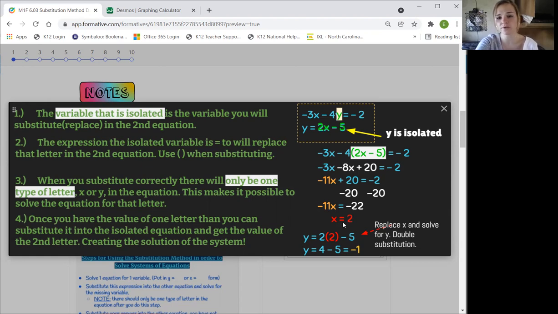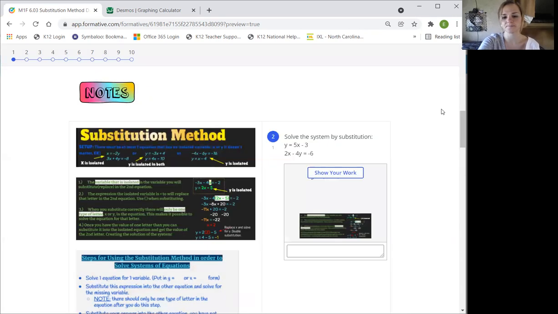Once you find your x value, you have to go back and find your y value. The easiest thing to do would be to plug the x value into the equation that's already solved for y and simplify. So we would end up with 2 times 2 minus 5 equals -1.